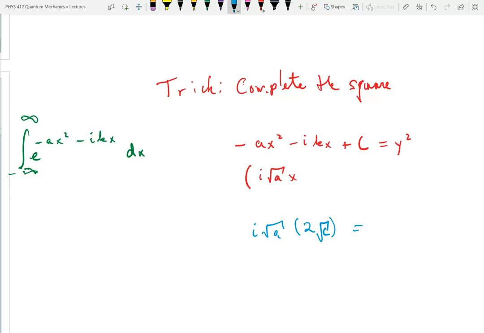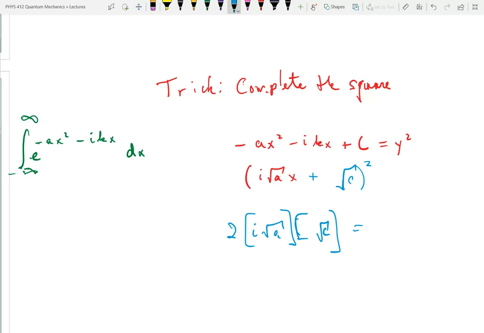It has to be, the middle term has to be 2 times the first term times the second term. And the second term is going to have to be square root c, right? We'll have to have that squared.